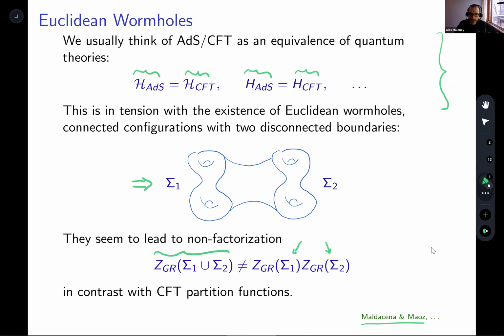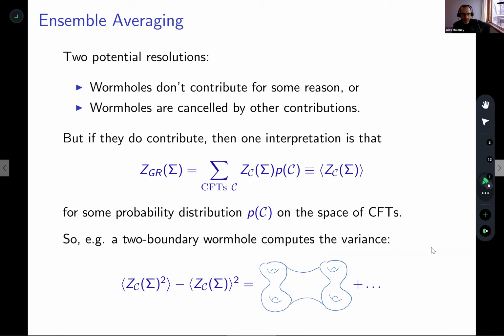And this seems to be a pretty serious problem for our understanding of holography as an equivalence between two quantum mechanical theories. Now at the time that this Maldacena and Maoz paper was written, I think there were really two potential resolutions to this question that were contemplated. Well, perhaps I should say three.